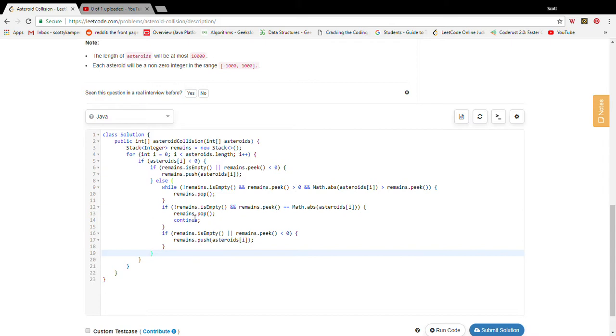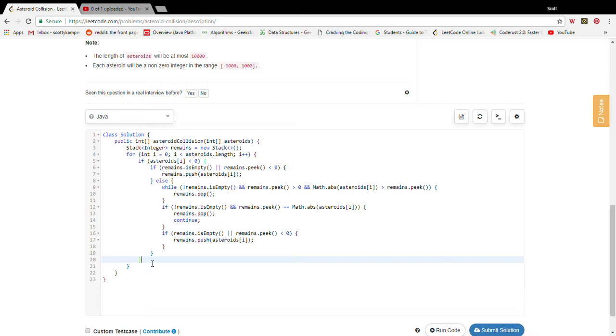If we found one that's equal, we also explode that, but then we continue so we don't do anything else. And then down here, if we are either empty or the top element is also moving left, we push it on because it will not encounter anything that will explode it from there on out. So that is it for left moving asteroids.